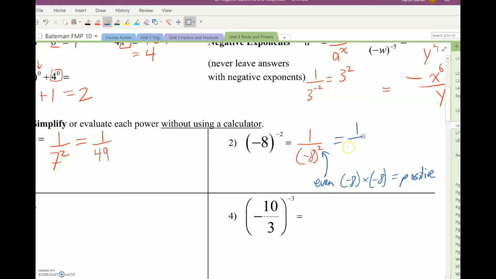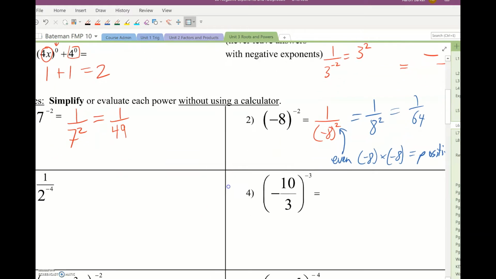So the middle step that is really important to understand is that equals 1 over positive 8 squared. Okay, so again, we're going to letters. Write this down if you don't have it written down. Okay, you need to know that an even exponent is going to give you a positive answer. And then 1 over 64. So don't just go, oh, it's 1 over 64. Think about why. Why is it positive? It's because the exponent is even.